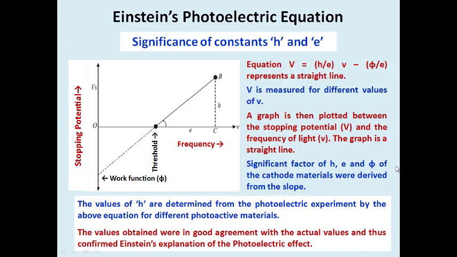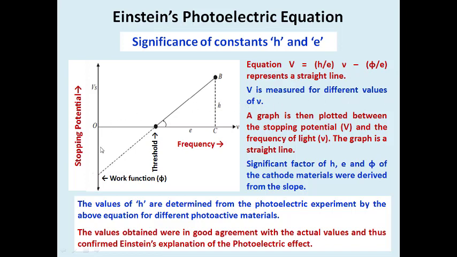Now we are going to introduce the significance of the constants h and e, and how they are derived experimentally. We already know h is the Planck's constant, which is derived mathematically, whereas we need experimental proof. That proof is given by the photoelectric effect. The equation V equals h by e times nu minus phi by e represents a straight line, where V is measured for different values of nu.